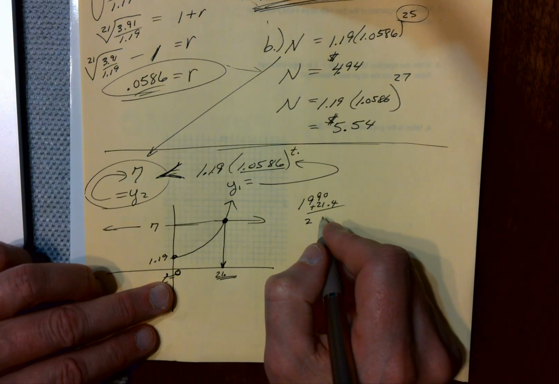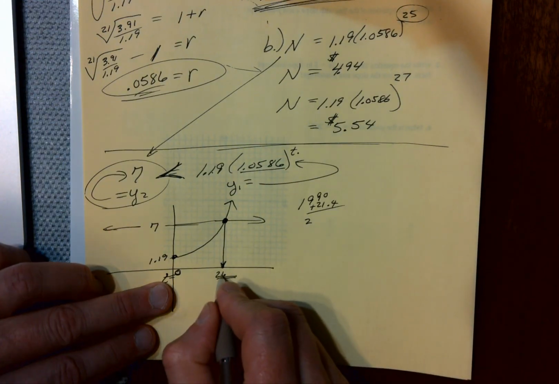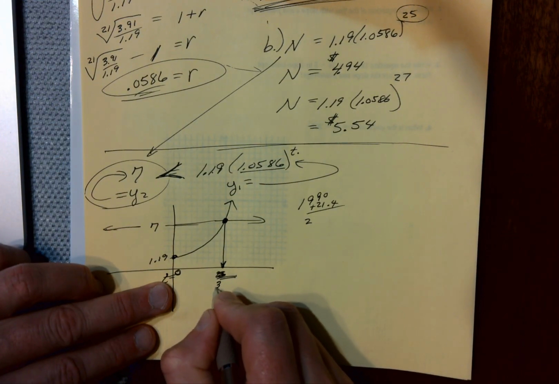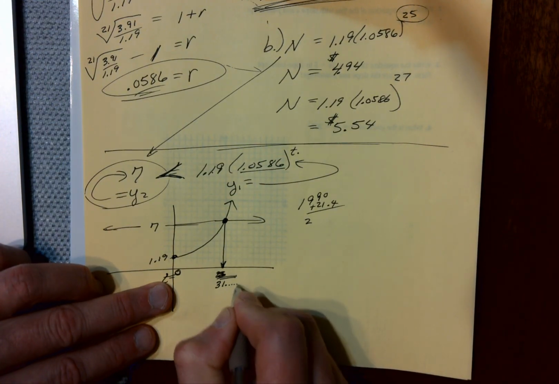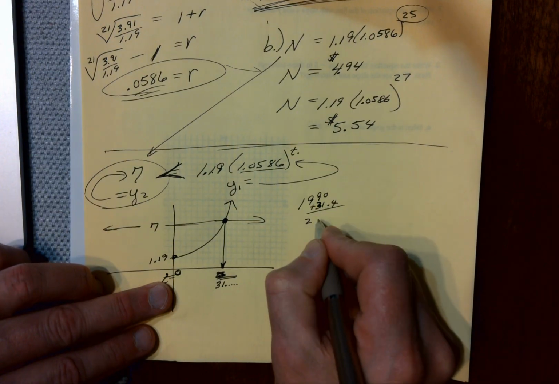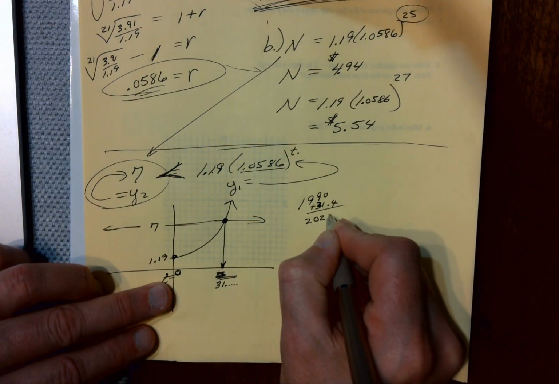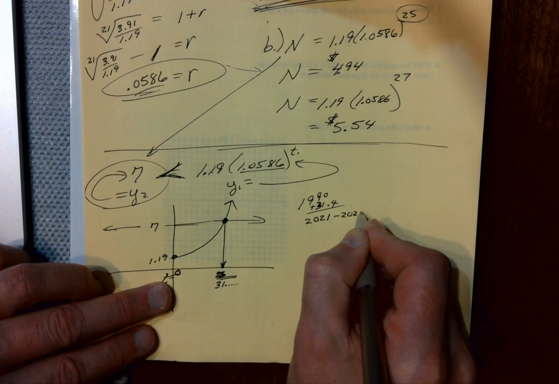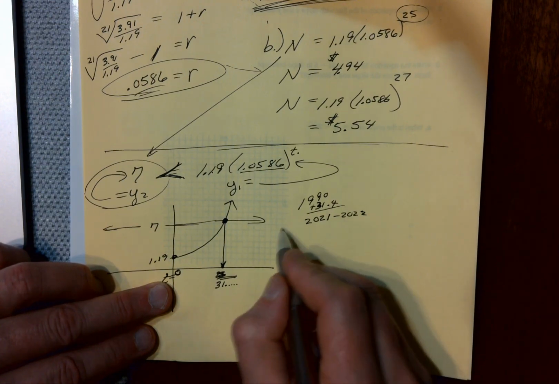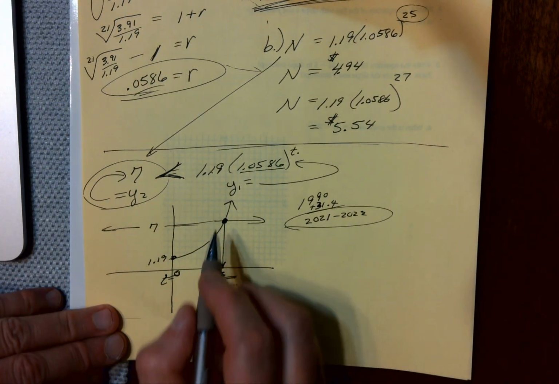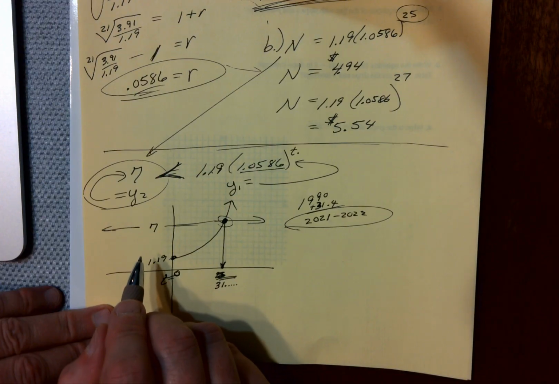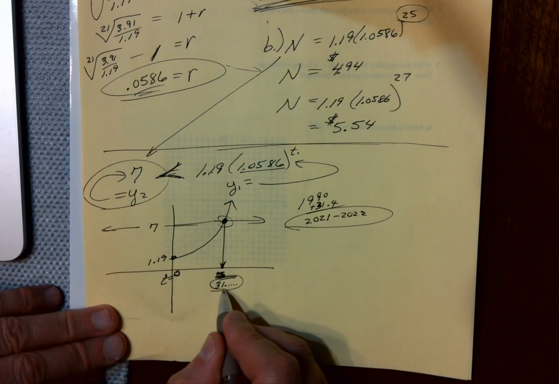Oh, you guys, I'm so sorry. It's not 21, it's 31. 31 point something. And if you added 31 to 1990, the year would be 2021 to 2022. And that's what they came up with. But they're just using the graphs to actually find the answer. And 31 told me 31 years after 1990.